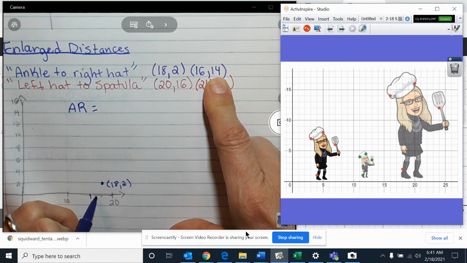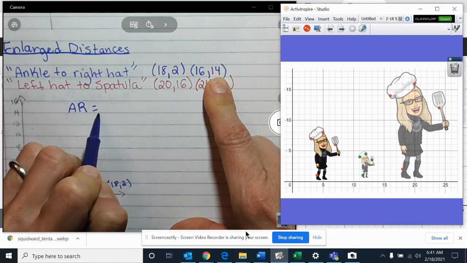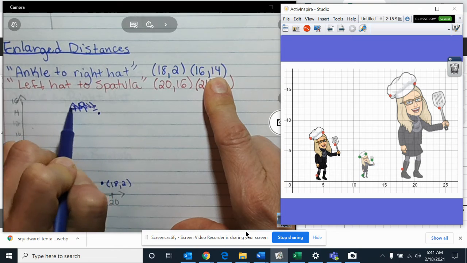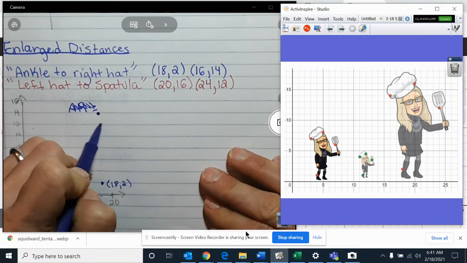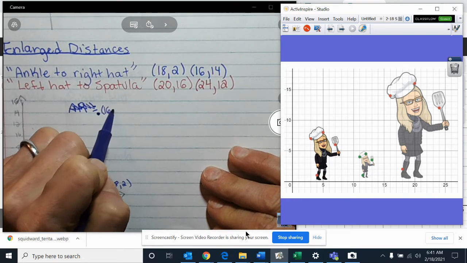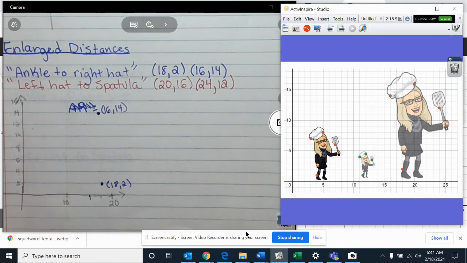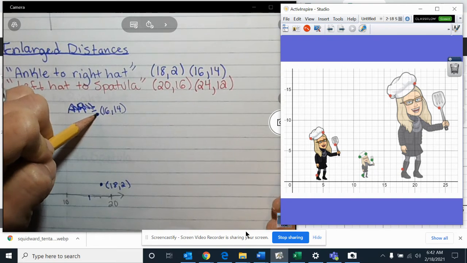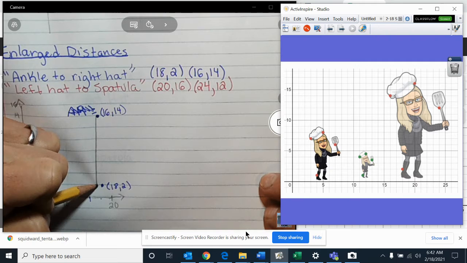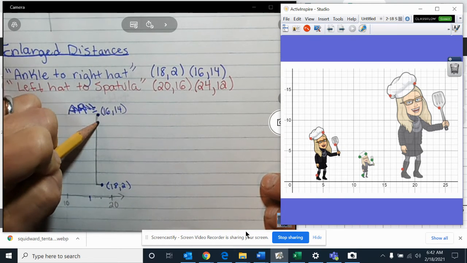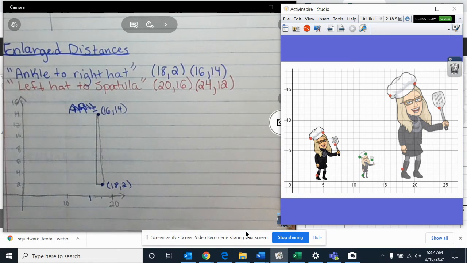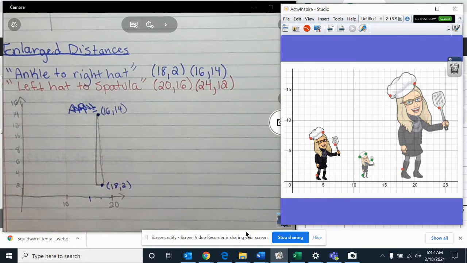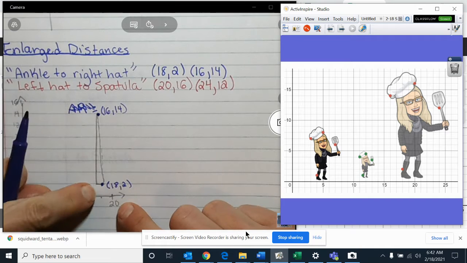So here's 16 and then up to 14. That is in my way. So I'll do the work over here. And so that point is 16 and 14. I'm going to use my pencil to draw in this triangle. It's a very narrow triangle, but very tall.